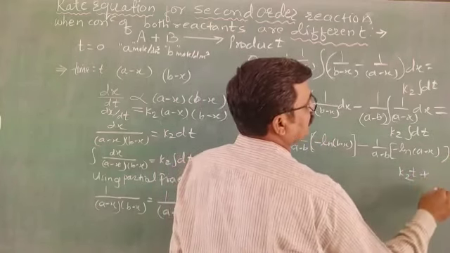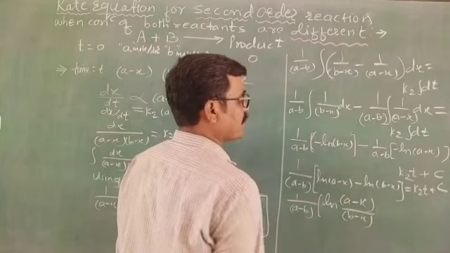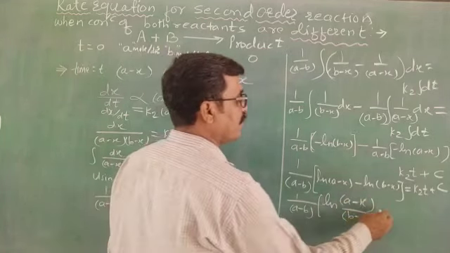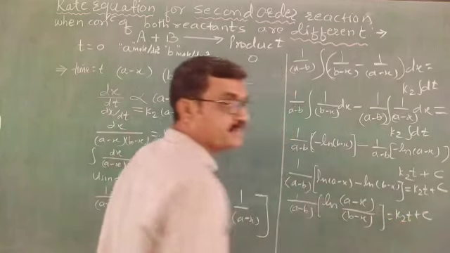Okay, 1 upon a minus b becomes common, that is why it equals k2 into t plus c. Now after solving this, 1 upon a minus b remains as it is, ln of a minus x upon b minus x, because log m minus log n is log m upon n, that is equal to k2 into t plus c.